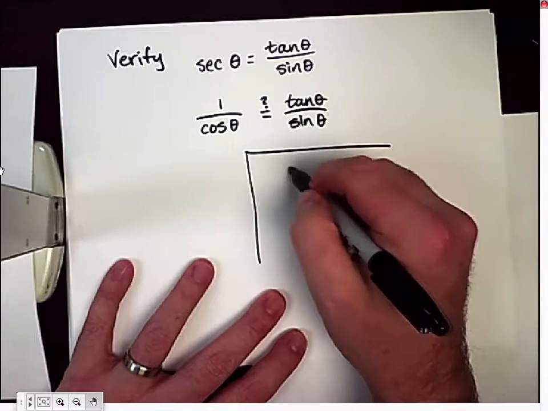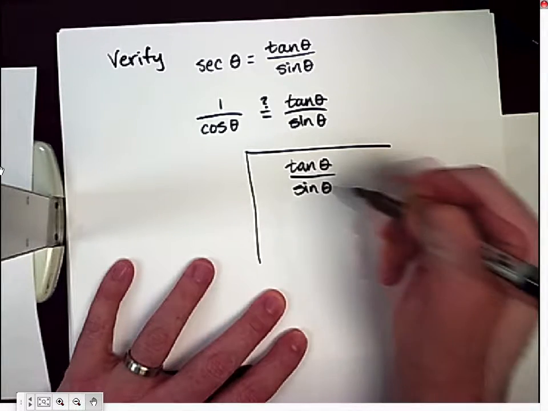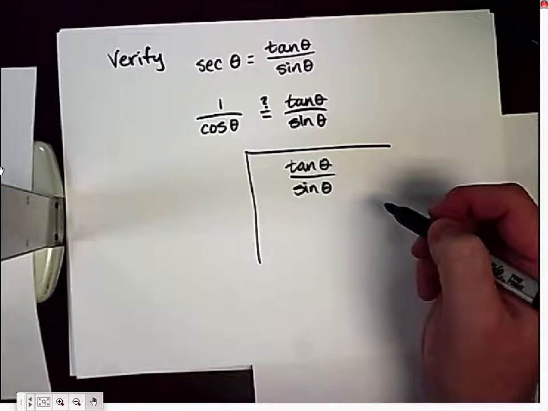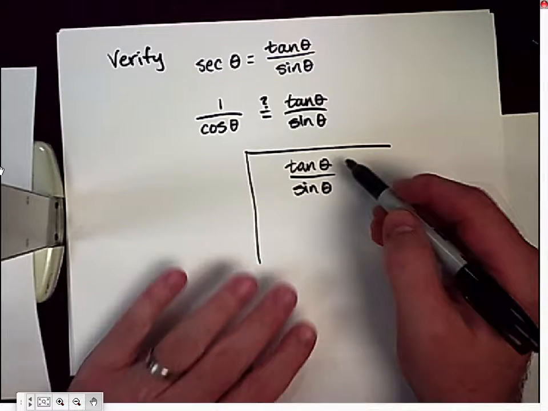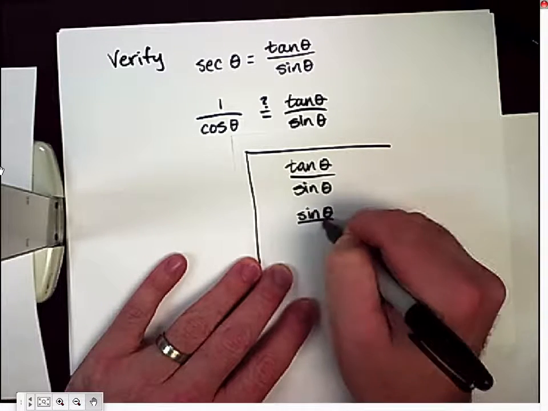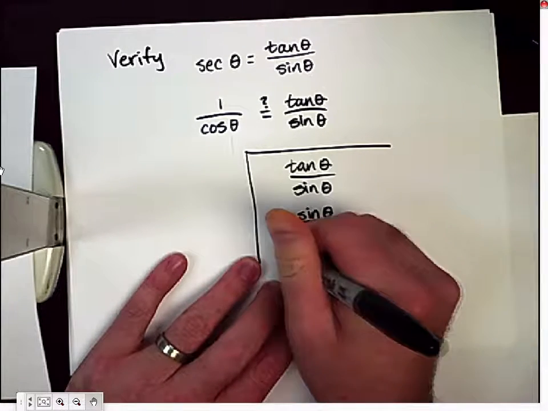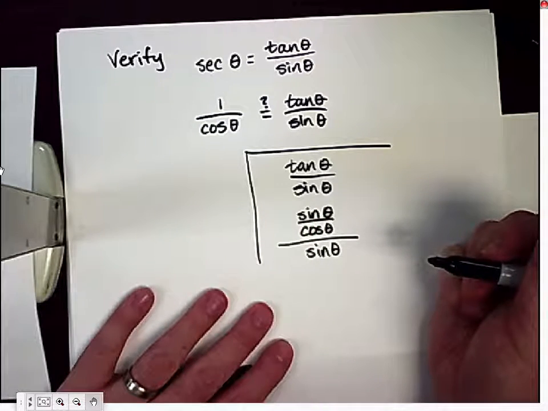let's work on this. So tangent theta over sine theta. Well, what is tangent theta? So we could write that as sine theta over cosine theta all over sine theta. Right?